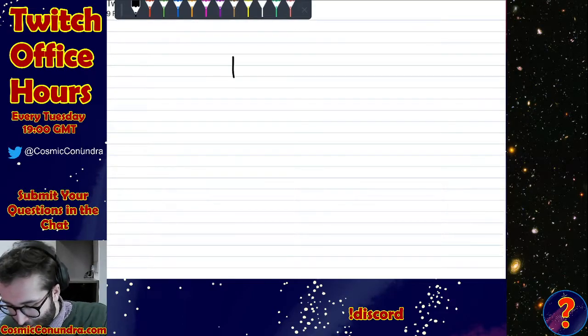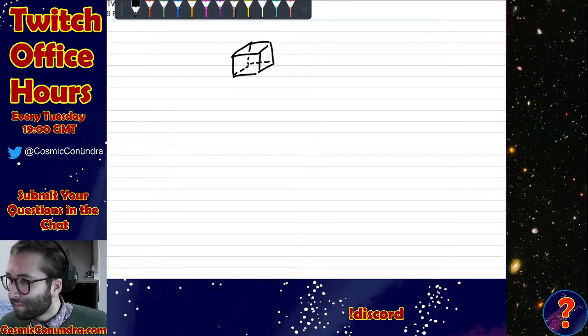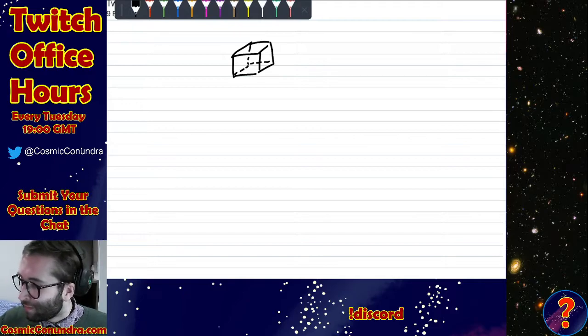The simplest one I can draw is a cube. This is one example of a Platonic solid. It's not the smallest Platonic solid. The smallest one is the tetrahedron, but the tetrahedron is actually a little harder for me to draw anyway, whereas the cube is quite straightforward.